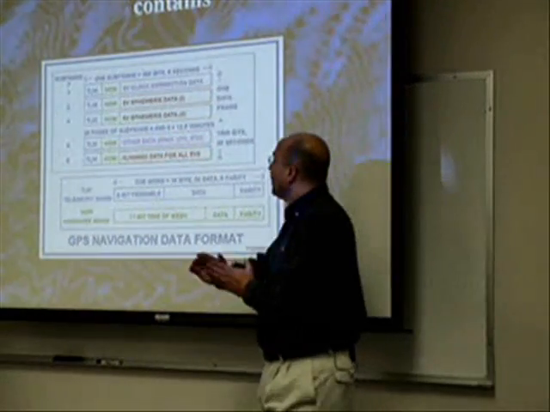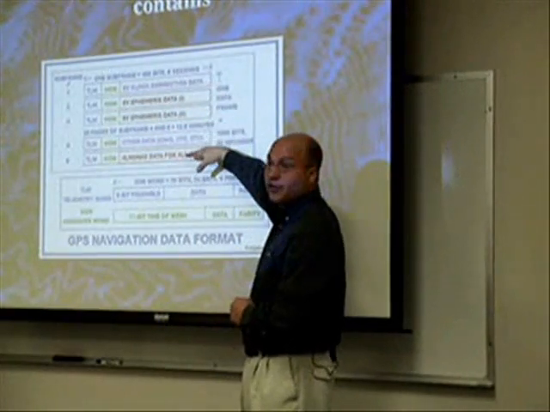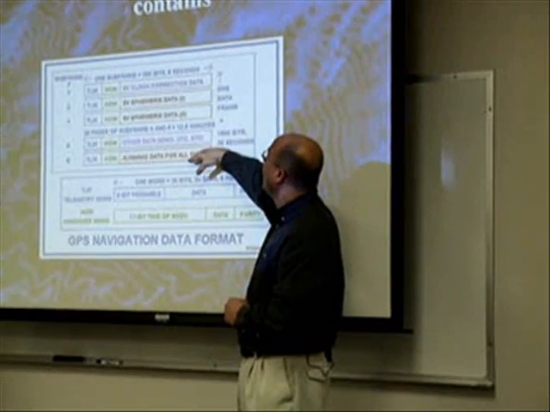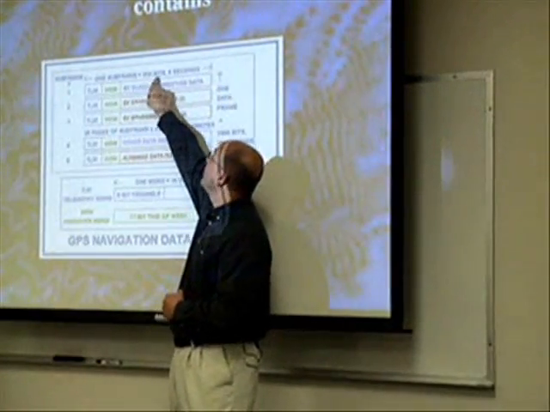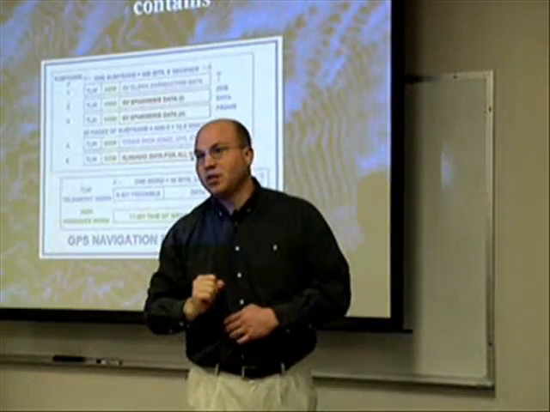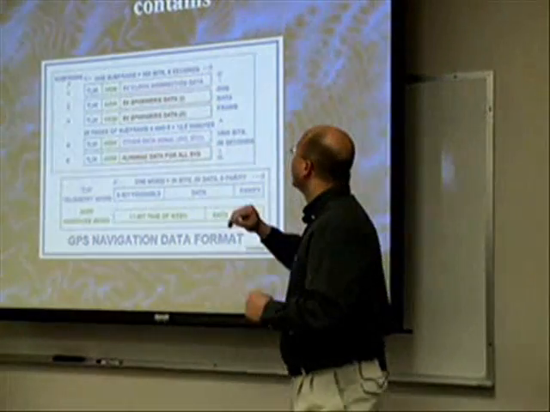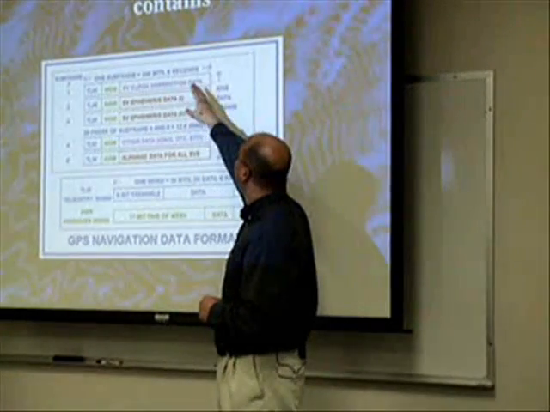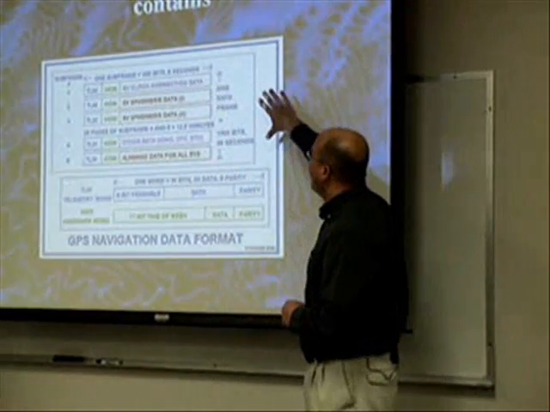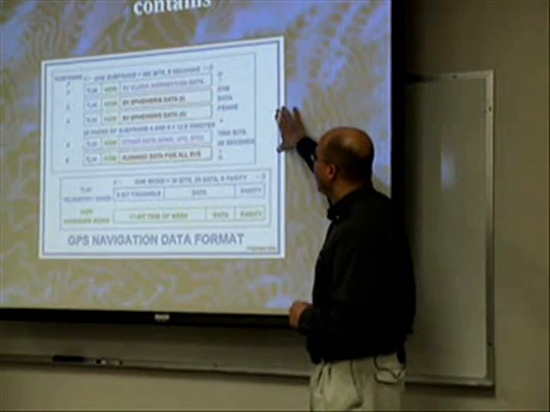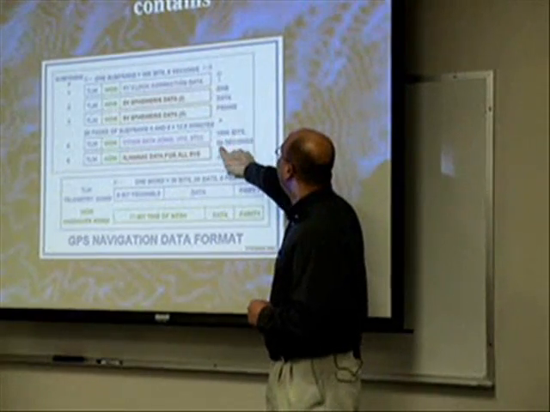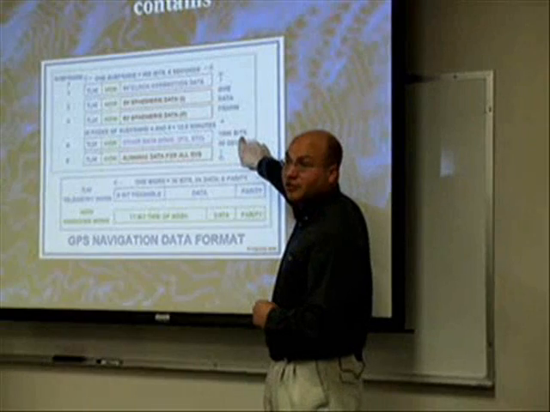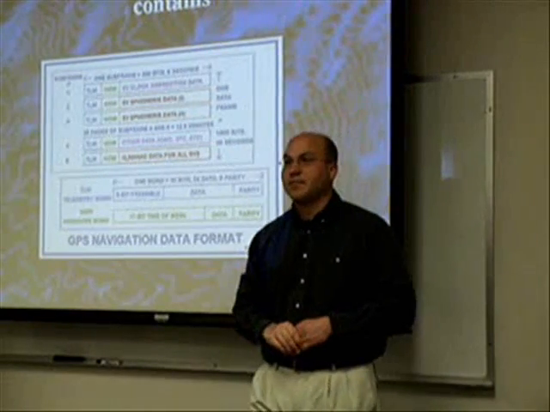Just imagine that you have these 5 different subframes. Each subframe is 300 bits of information, which takes about 6 seconds. And then one frame is made up of 5 subframes, or 1,500 bits of information and 30 seconds.